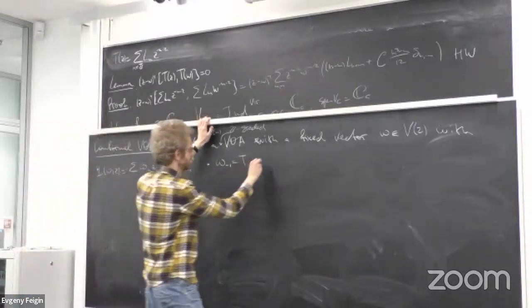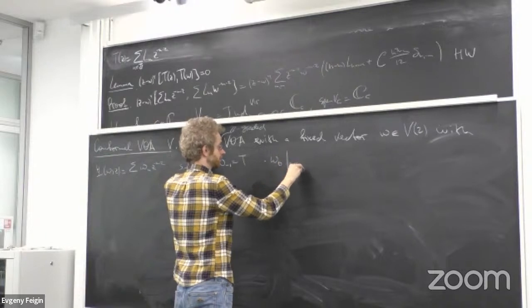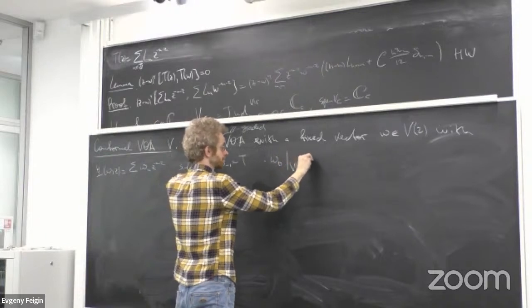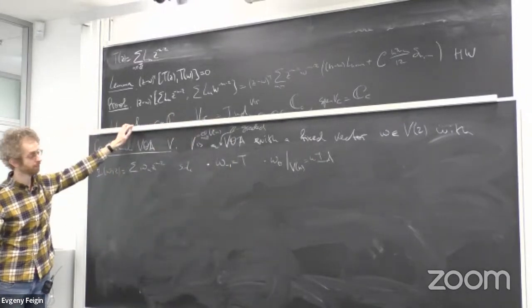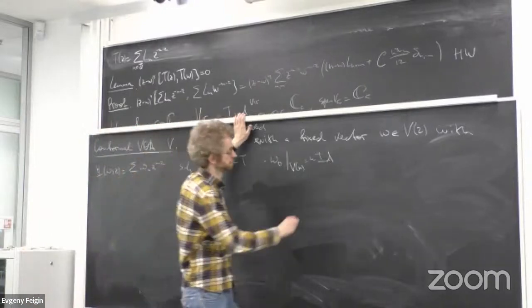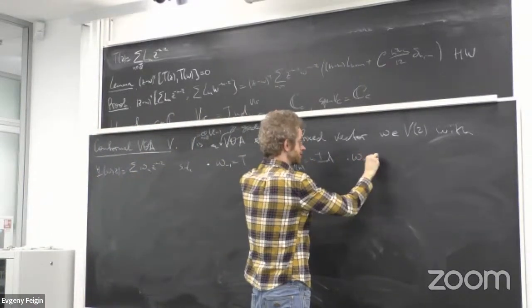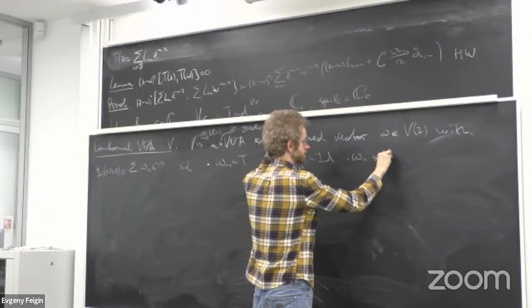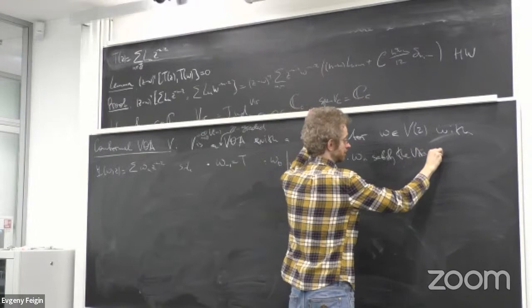And then omega 0 restricted to Vn should be just n times the identity. And the last thing is that the omega n satisfy the Virasoro relations.